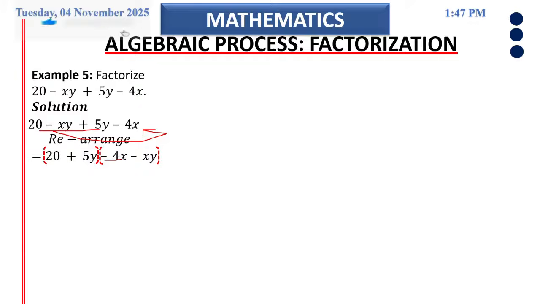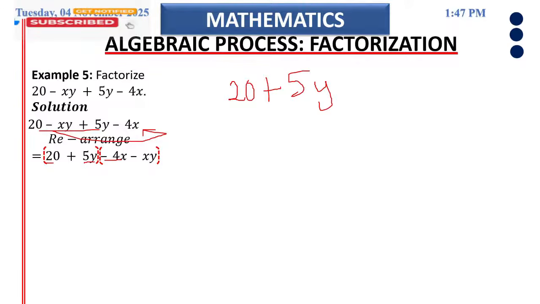I already said that when we factorize, we are taking out the highest common factor. For instance, in 20 and 5y, the highest common factor is 5. You agree with me, right? So you have 20 plus 5y. If the highest common factor is 5, you bring the 5 outside.